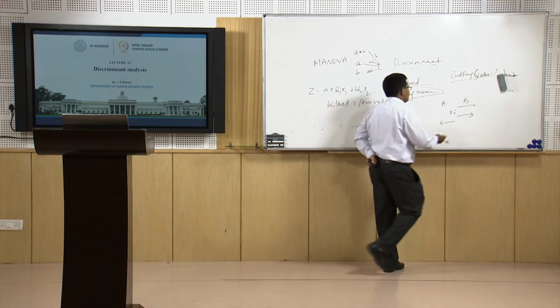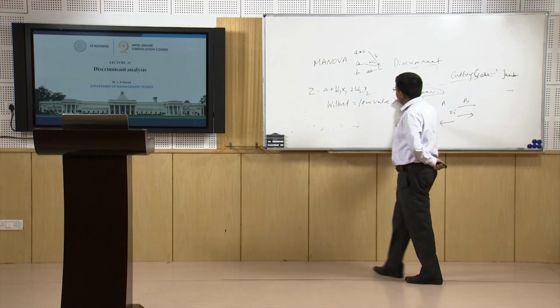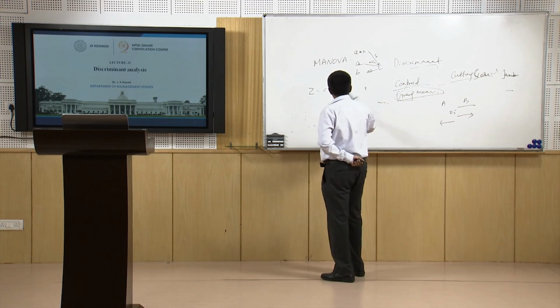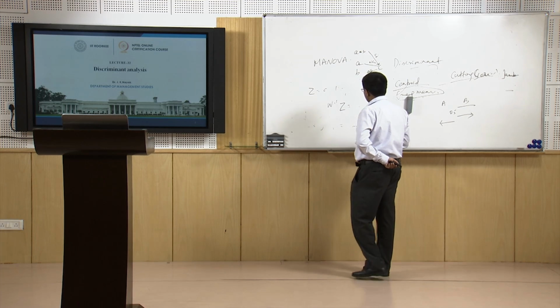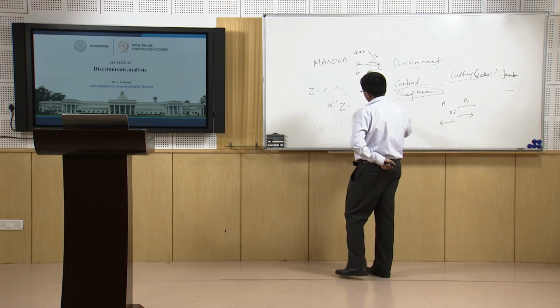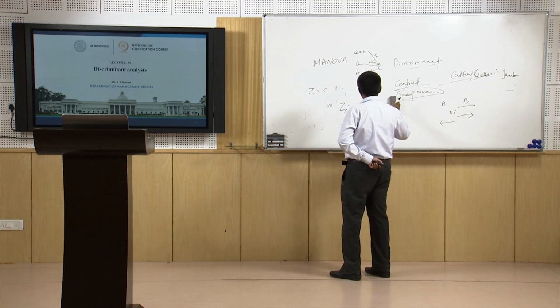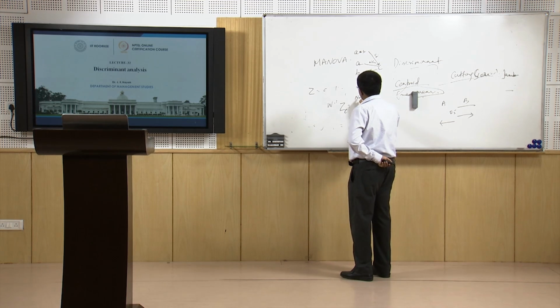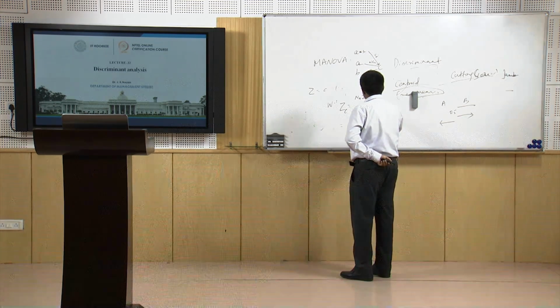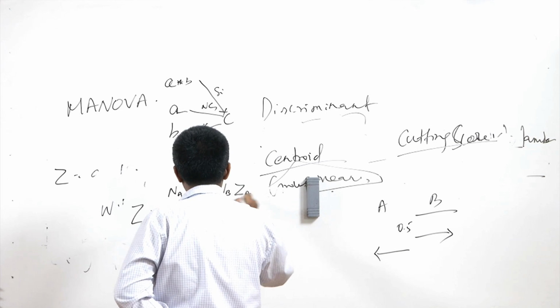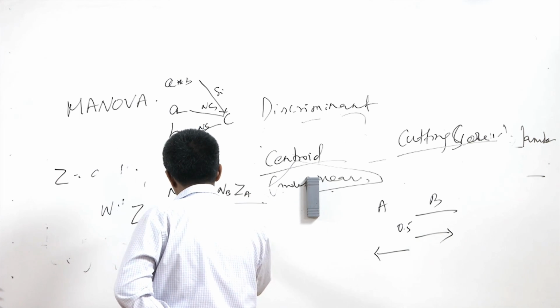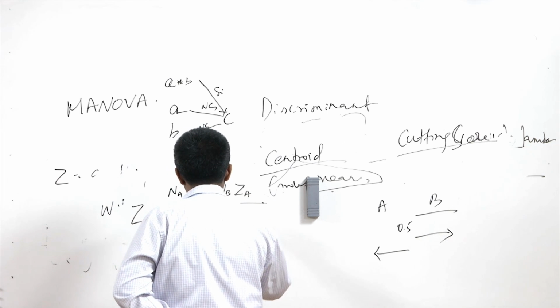So, this cutting score is nothing but Z cutting, which is equal to (N_A Z_B + N_B Z_A) divided by (N_A + N_B).